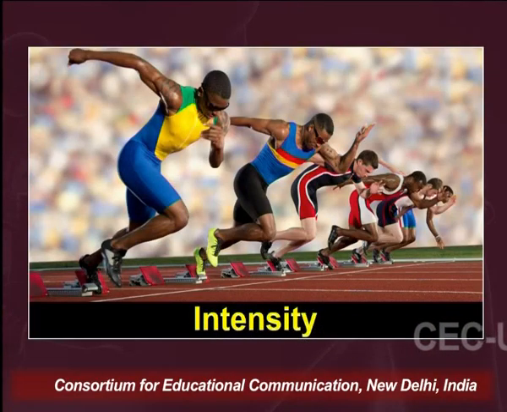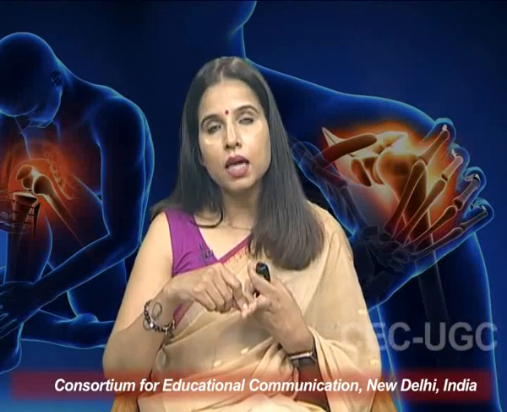Then intensity. Obviously, this is how hard you are working. Not so obviously, there are many ways to determine intensity. I can think of 5 off the top of my head. First one is calories burned per hour, percentage of maximum oxygen uptake you are at, or percentage of maximum heart rate you are at.